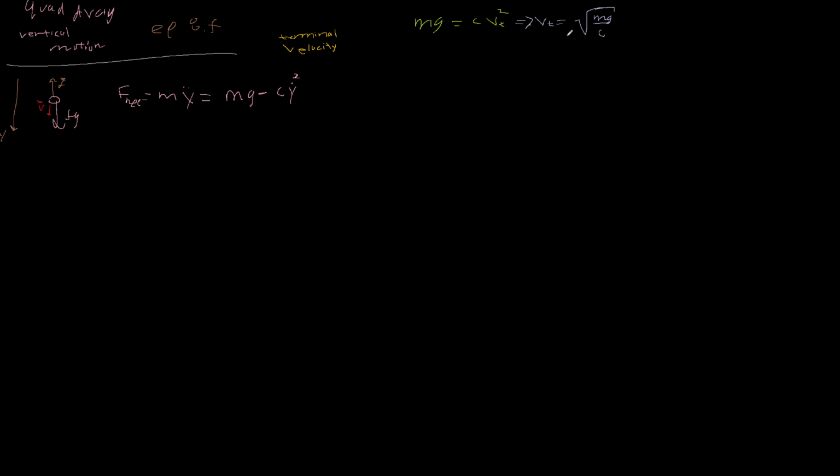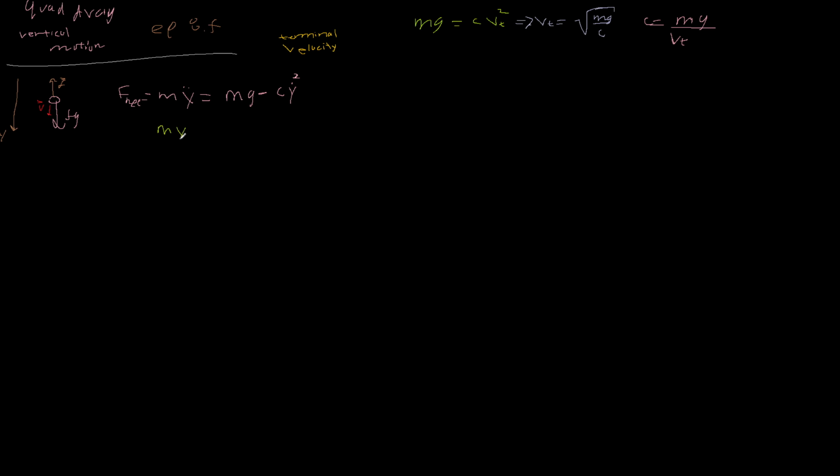Well, we're going to write c, we multiply, so we get c is equal to mg over our terminal velocity squared, and I'm going to substitute that in here. So what do we get?